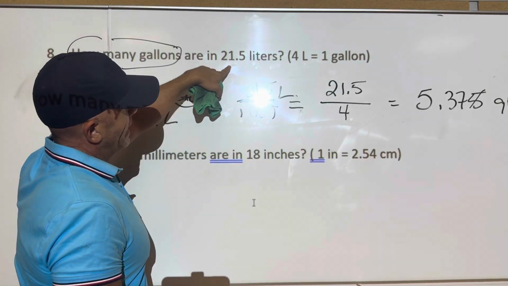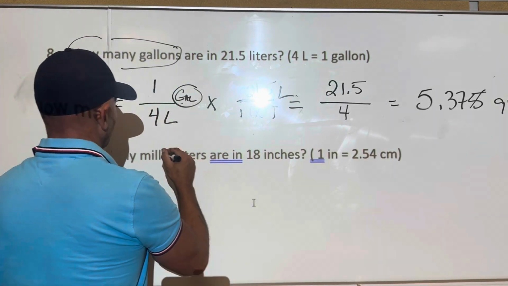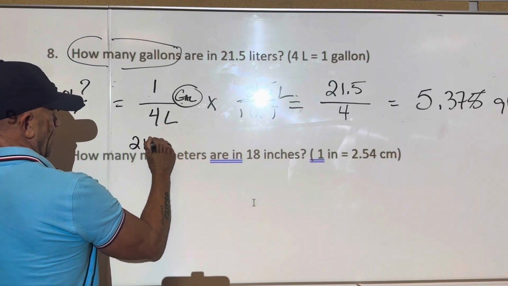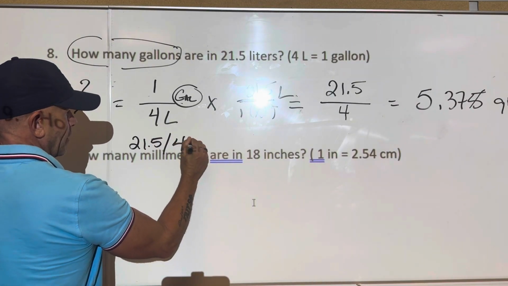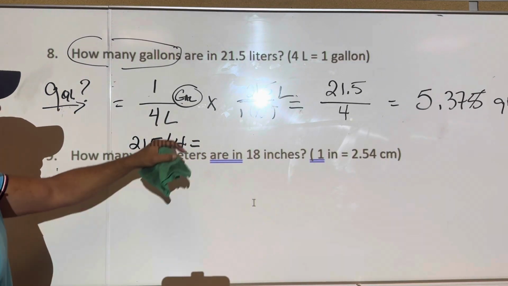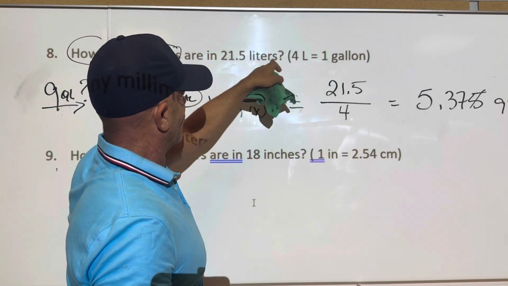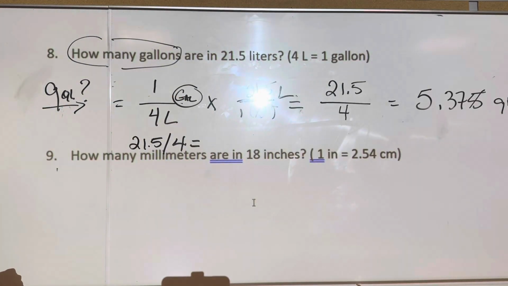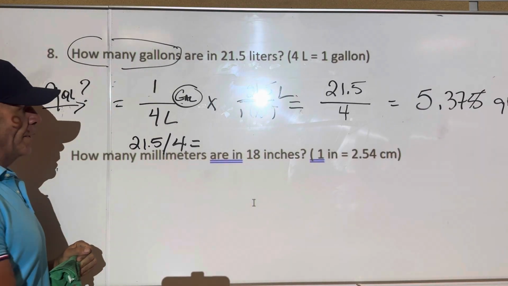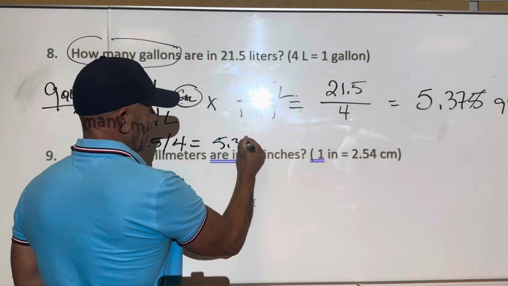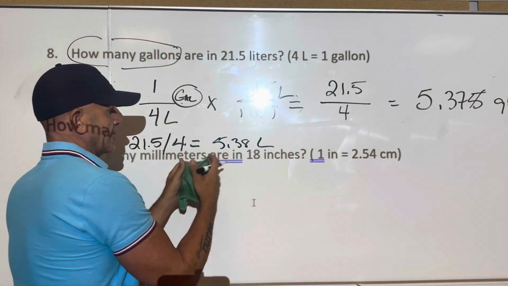So we take 21.5 divided by 4, because we know we have 21.5 liters. How many times does 4 go into 21.5? 5.38 times, and that gives you your gallons.